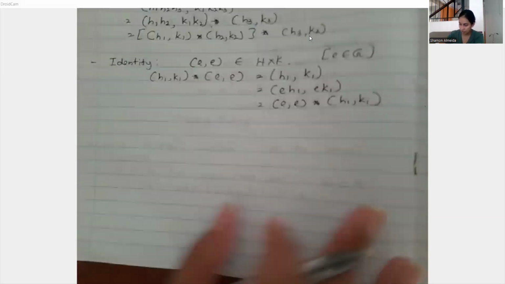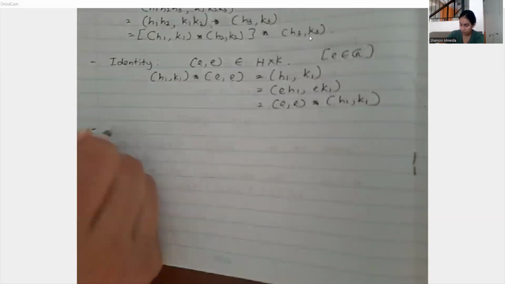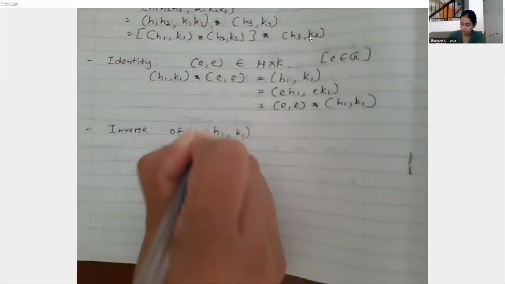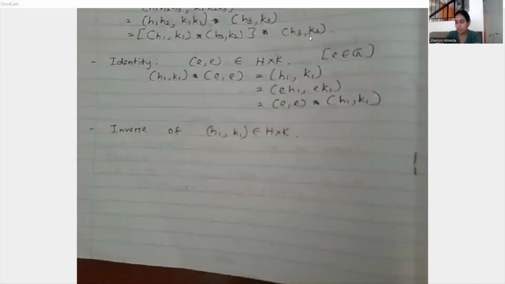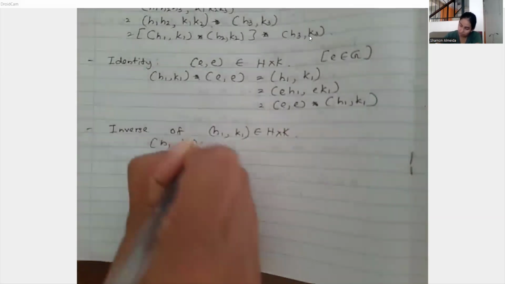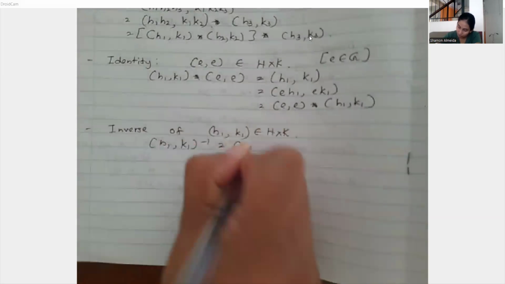Now, the inverse of (h1, k1) in H cross K. It's easy to see that the inverse of this element is given by the inverse of each component, right?